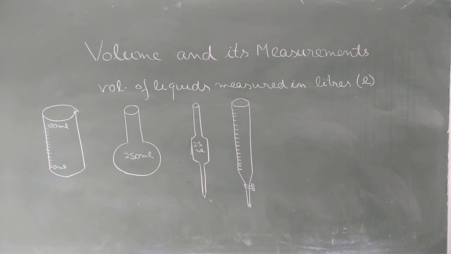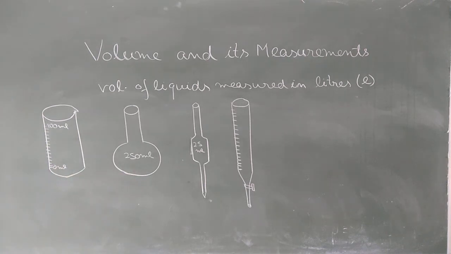This is a rough diagram, but it can easily clarify the topic. See the right-most figure. This is a cylinder type container marked from 0 to 100 ml. This is known as your measuring cylinder. Its capacity is about 100 milliliter.